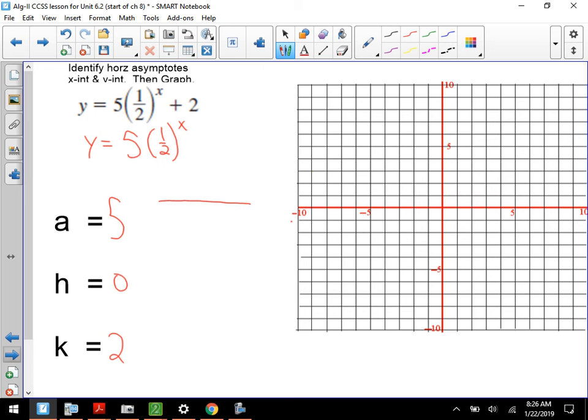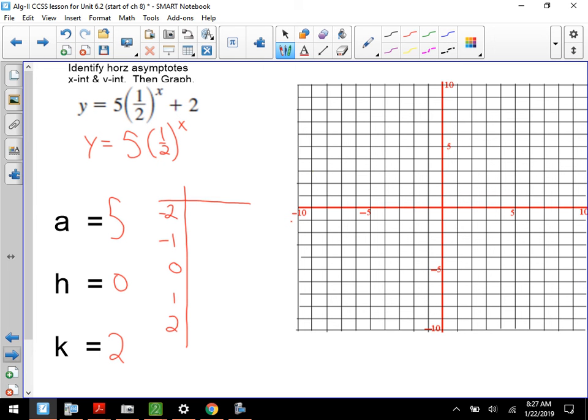When you do your parent function here, you're still picking your -2, -1, 0, 1, and 2. But again, when it's 1/2 to the -2, flip it.